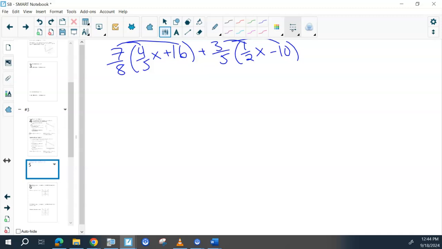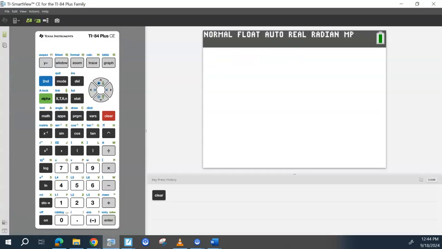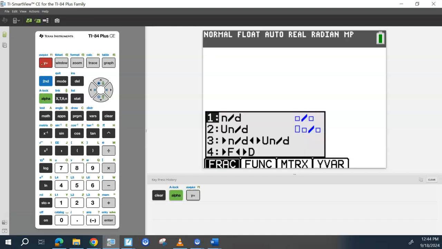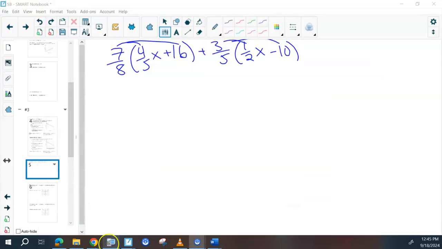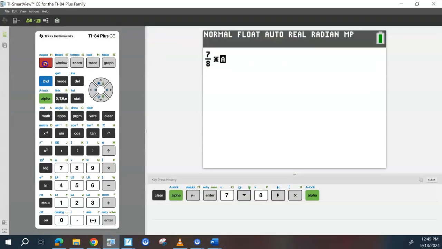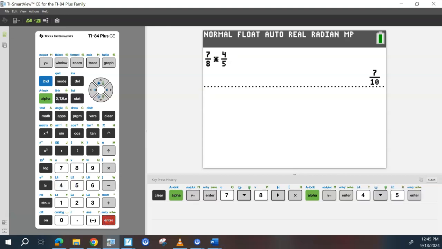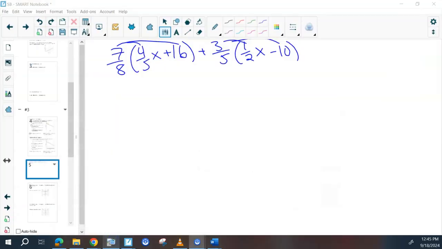So in your calculator, you would have gotten both fractions, 7/8 times 4/5. You also could have multiplied across, so 28 over 40, and then simplified that fraction. But 7/10 was that simplified version.